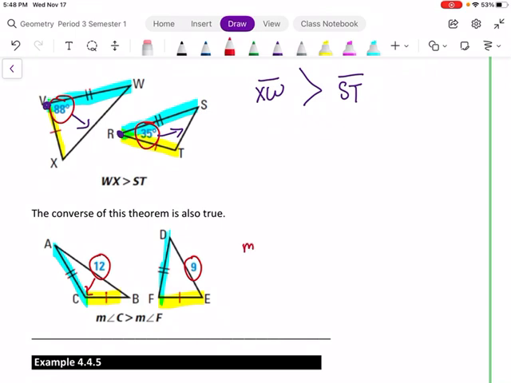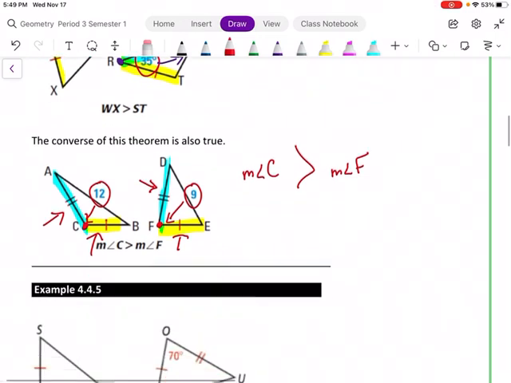So we know the measure of angle C is going to be greater than the measure of angle F, because C is across from the larger side. And this is, again, only true when you have the two congruent sides between the triangles. And we can only do it for the angle that is included between the two.